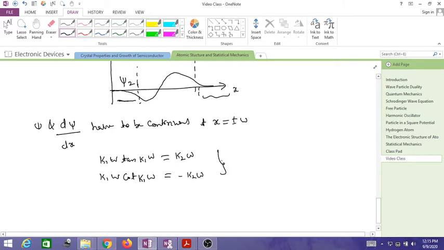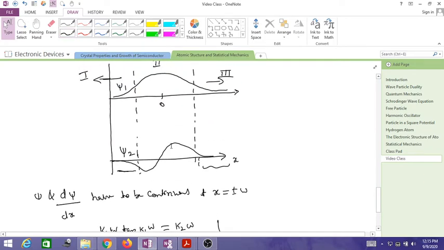Now from these equations we can even obtain the values for k1 and k2. The point which I need to highlight here is that the wave functions, psi 1 and psi 2, have exponential-like tails outside the box, or outside the potential well, and the penetration of the wave function into these regions increases with E. And if V naught is increased, then what happens?